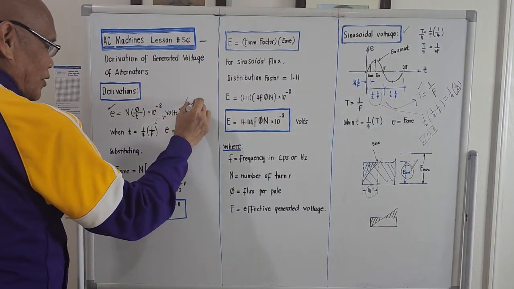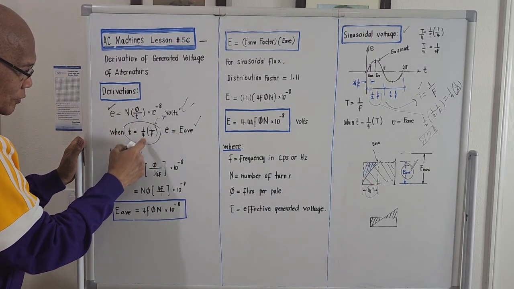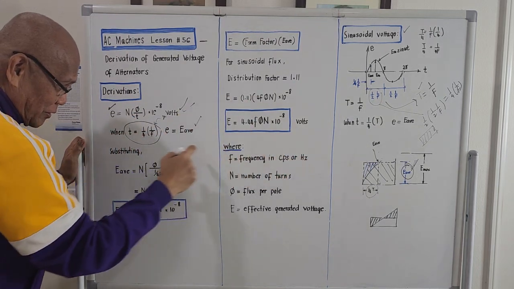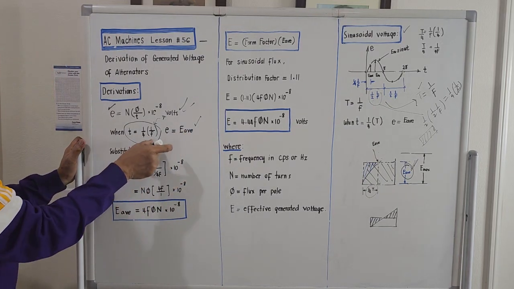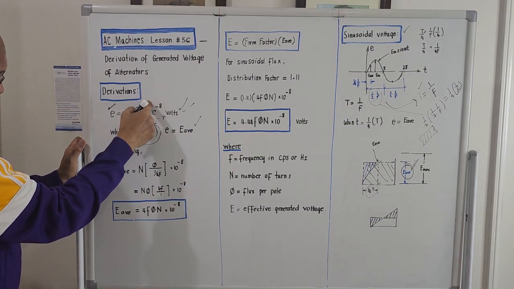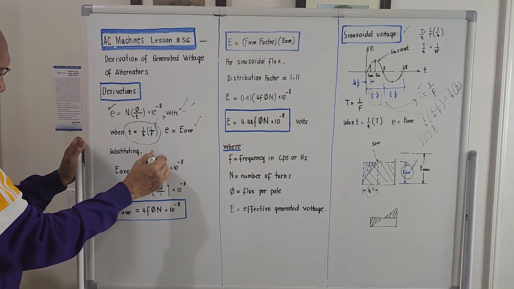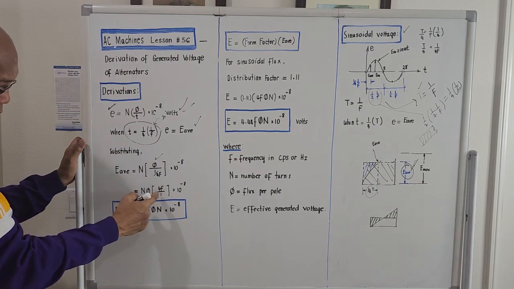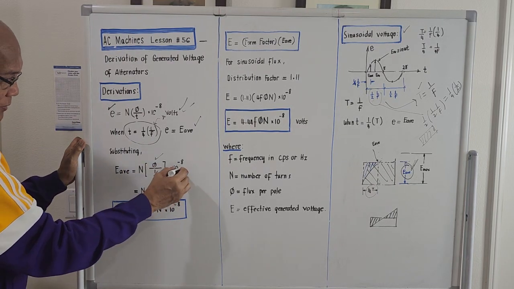So by using this equation and this condition, time t is equal to 1/4 of 1 over F, the instantaneous voltage is actually E average. Substituting this t back here, E average will be the total number of turns, open bracket, flux, divided by the total time involved, 1/4 of 1 over F, close bracket, times 10 to the minus 8.